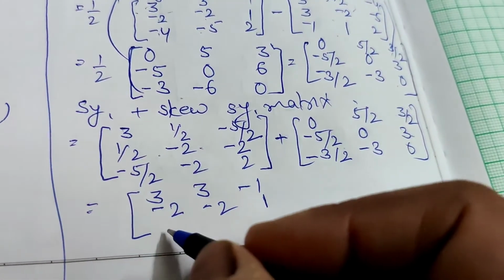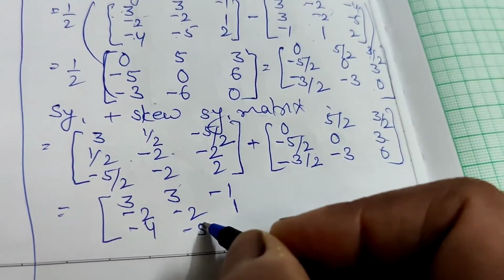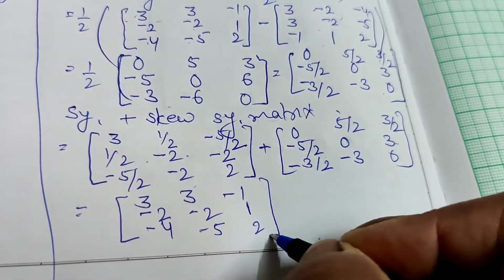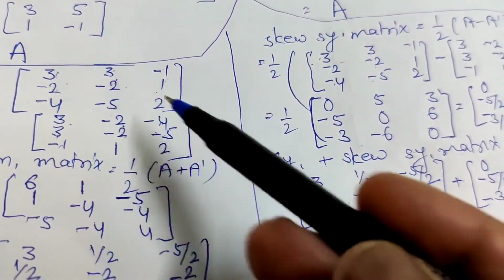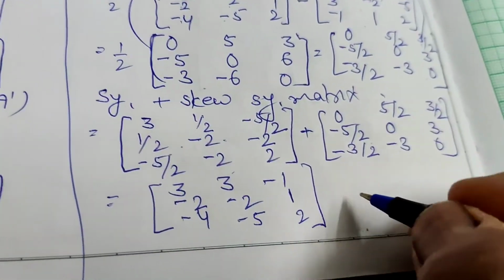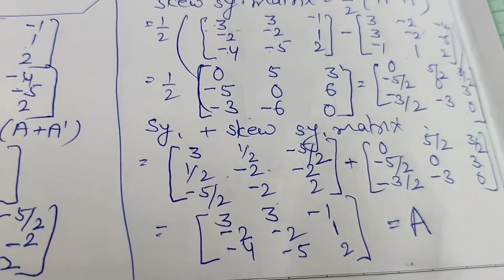Minus 4, minus 5 and 2. So 3, minus 1, minus 2, 1, minus 4, minus 5, 2. This is the original matrix. यही हमको प्रूव करना था.